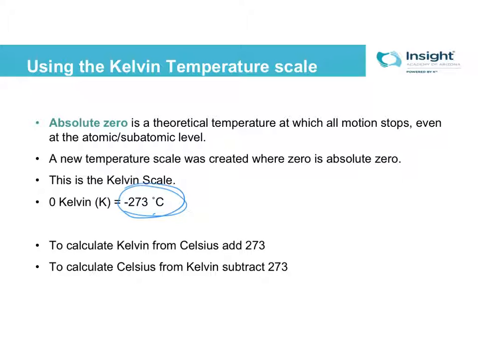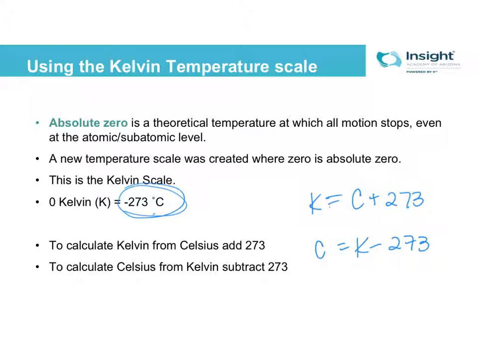So if you're given a Celsius temperature and you want to calculate the Kelvin from that, K is equal to Celsius plus 273. And if you need to calculate Celsius, you're going to take your Kelvin and subtract 273. Easy peasy.